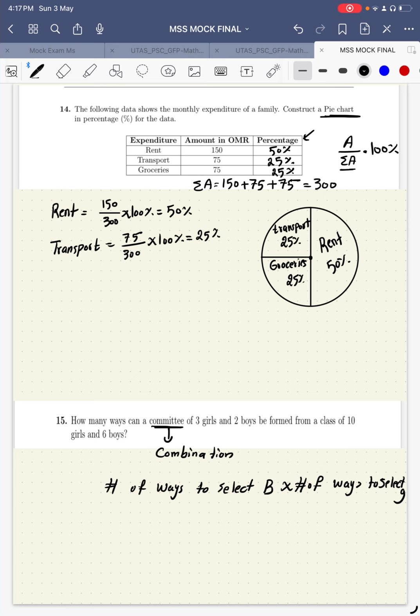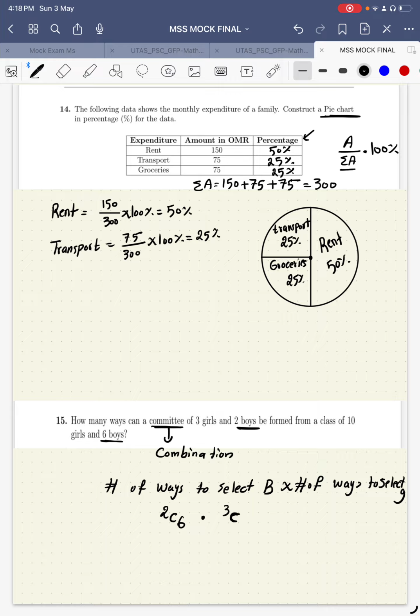I have two things: the number of possible ways to choose two boys out of 6 boys, times the number of possible ways to choose 3 girls out of 10 girls. So the number of ways to select boys will be 2C6, which means choosing 2 out of 6 because I have 6 boys, and I want only 2 boys, times the number of ways to choose girls, which is how many girls I would like to have? 3, right?